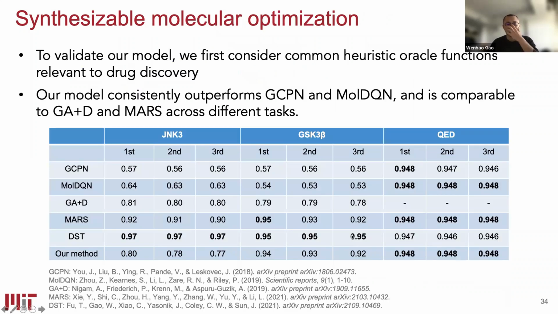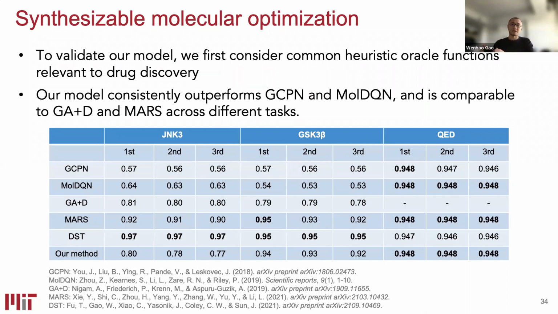And for synthesizable molecular design with genetic algorithm, we first validate our model with some common heuristic oracle functions relevant to drug discovery. We show the values of the top 3 molecules in this table.